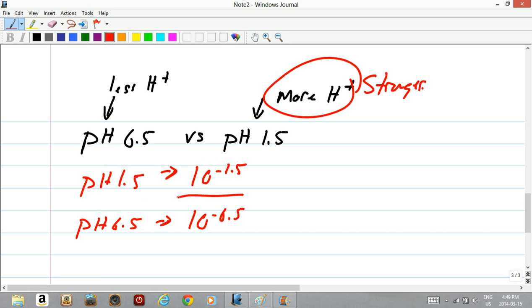So when we divide the stronger solution by the weaker solution, we get a difference of 10 to the power of 5. And that would work out to 100,000 times more concentrated. There are 100,000 times more hydrogen ions in a pH 1.5 solution than there is in a pH of 6.5.